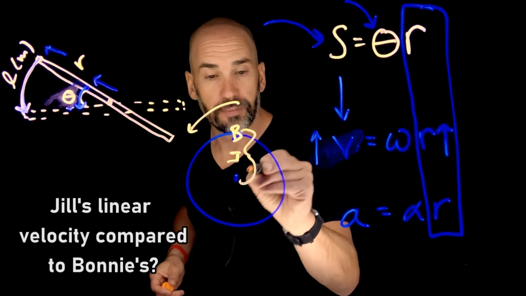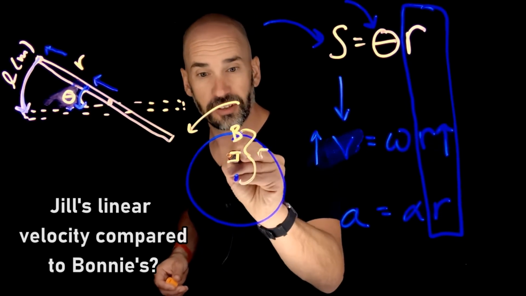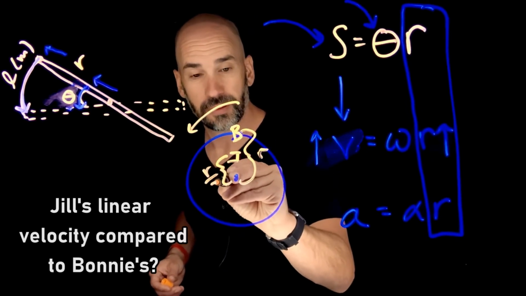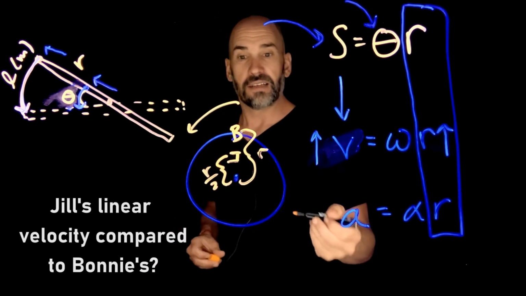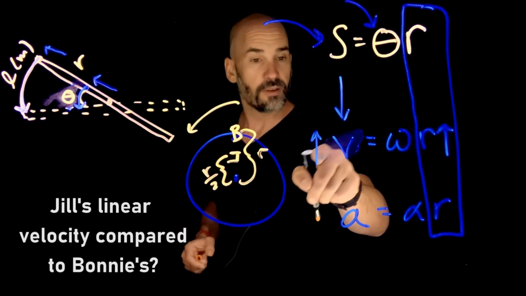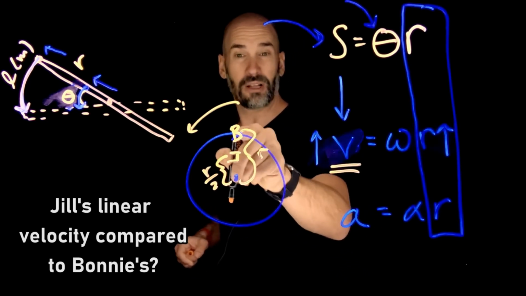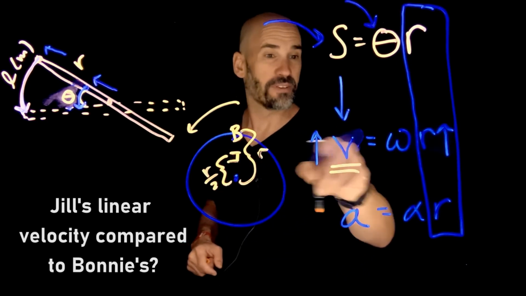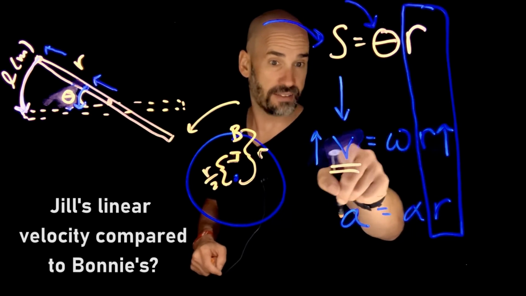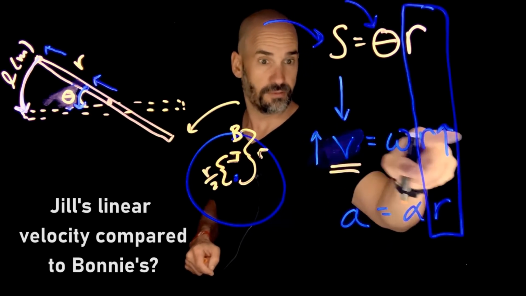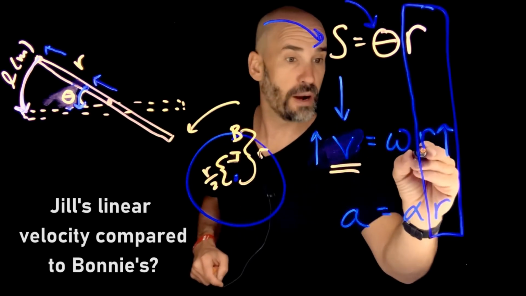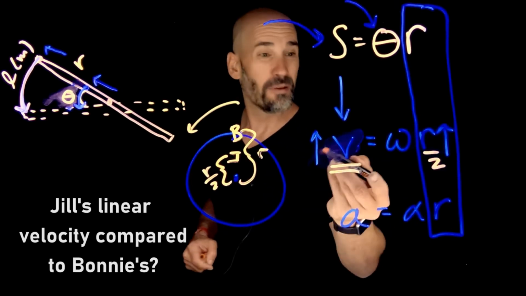Bonnie's is a full R, right? Jill's is R over 2, right? So if we want to find out the linear velocity of Jill relative to Bonnie, then if this is Bonnie's velocity, we just have to divide by 2 to get Jill's velocity. What is that?